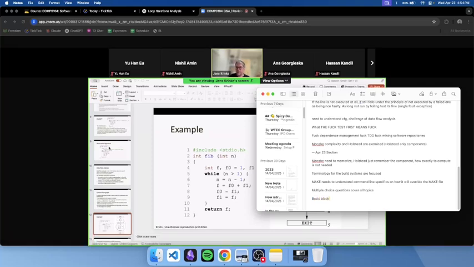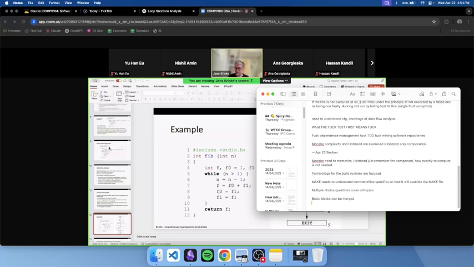Line 4, the executable elements, is the assignment to F0 and F1. That's one basic block. Then you have the branching point where the check for n larger than 1 is executed. That is in line 5.